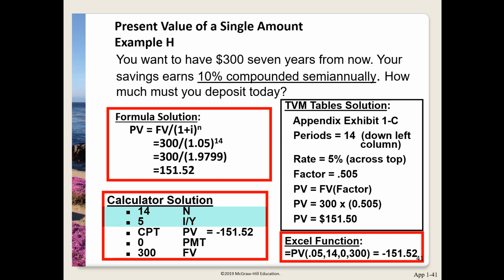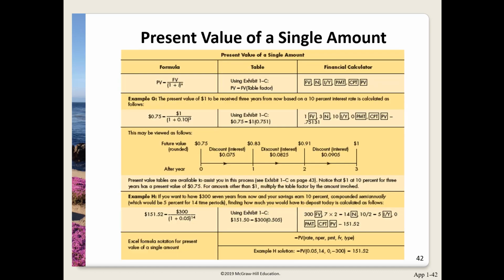IY is 10% divided by 2, 5%. Payment is 0, future value is 300. Solve for present value. Again, note that your solution is negative, the amount you need to invest today to have the $300. Recapping both examples G and H, this is on page 35.